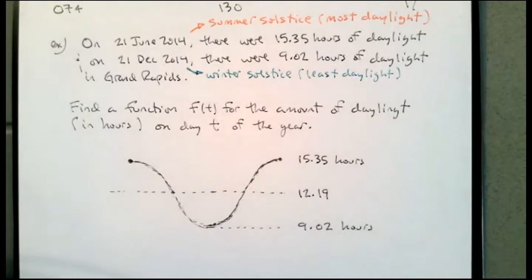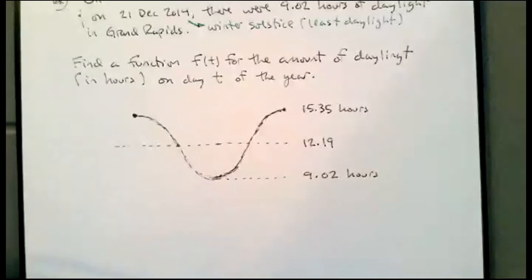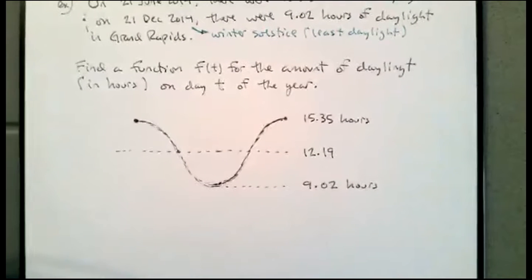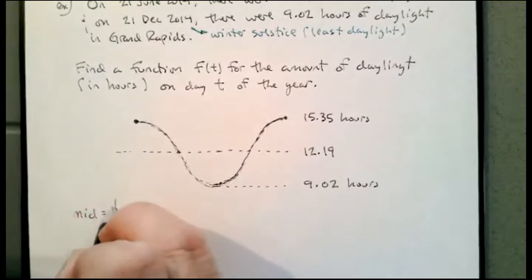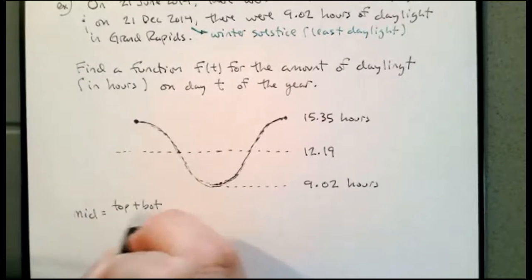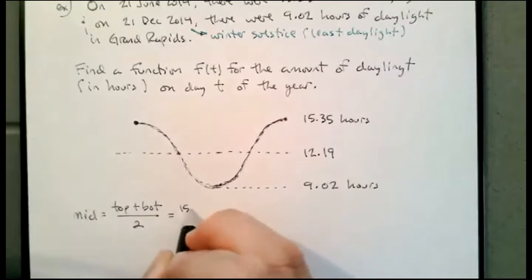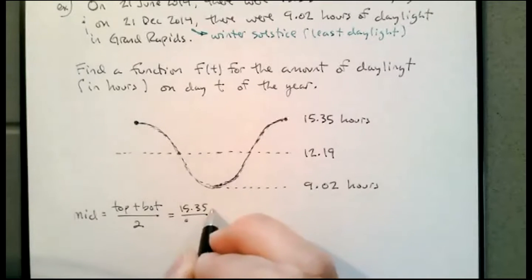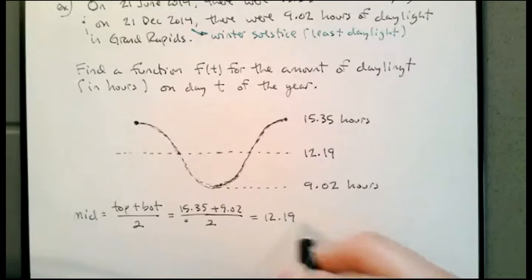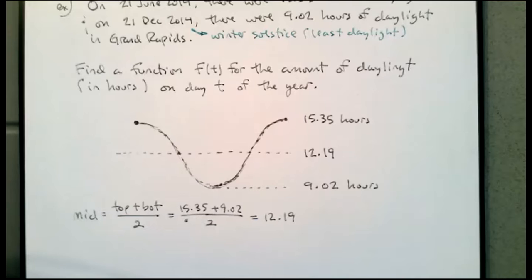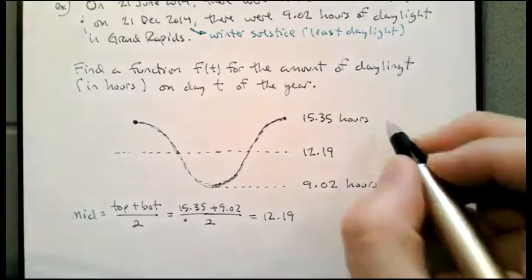So the first thing that we're going to do is calculate the middle. And I just did that with the average of the top and the bottom. Next, we need to know the amplitude, and that's the distance from the top to the middle.